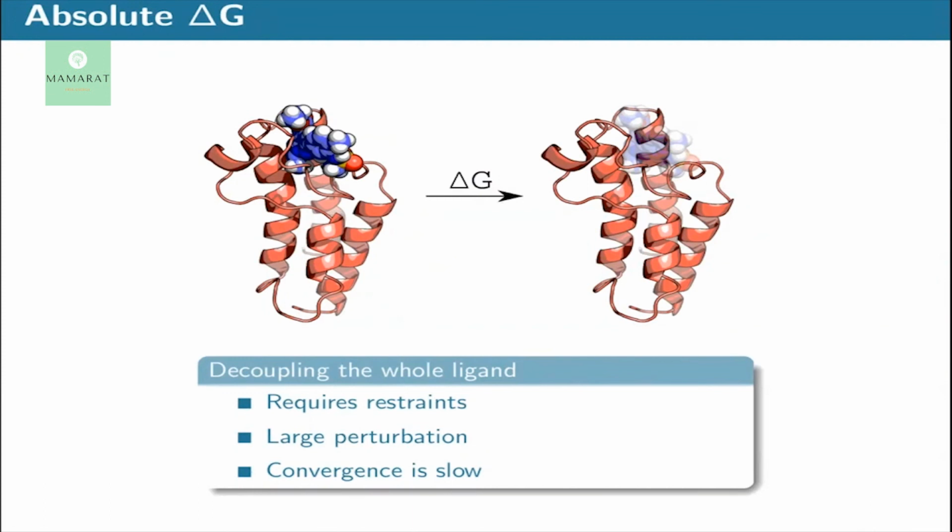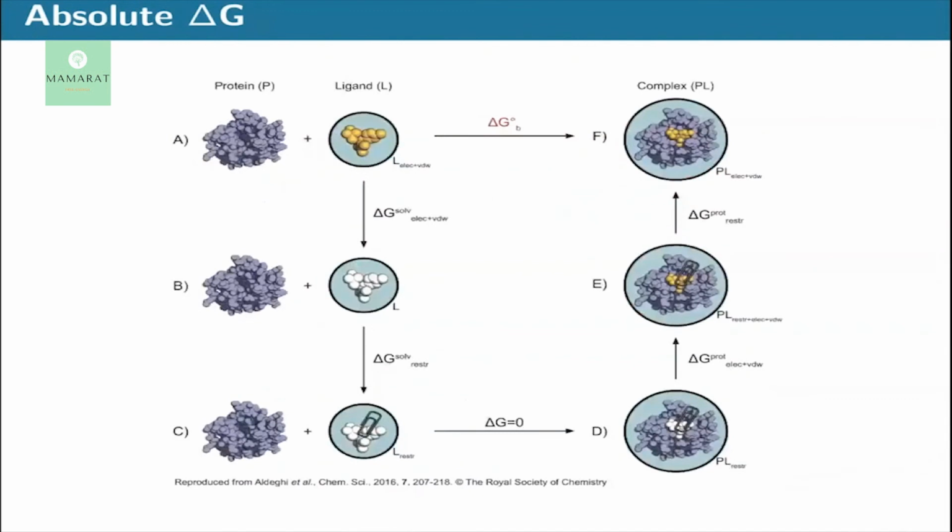We would require restraints. So the ligand, when it's decoupled, there on the right side, would need to be restrained somehow to the protein, and those restraints would need to be taken into account in the free energy estimation. The perturbations are, of course, larger in this case, and hence the convergence will be slower.